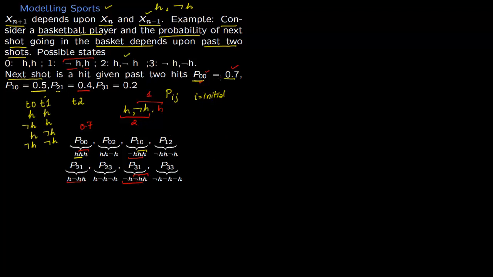So how do you get these probabilities? These probabilities just come from analyzing big data from past games. You take a player, see his three shots and classify them into different states. When did he have three hits continuously? When did he have a hit, not a hit and a hit? Two not hits and a hit, not hit, hit and a hit.